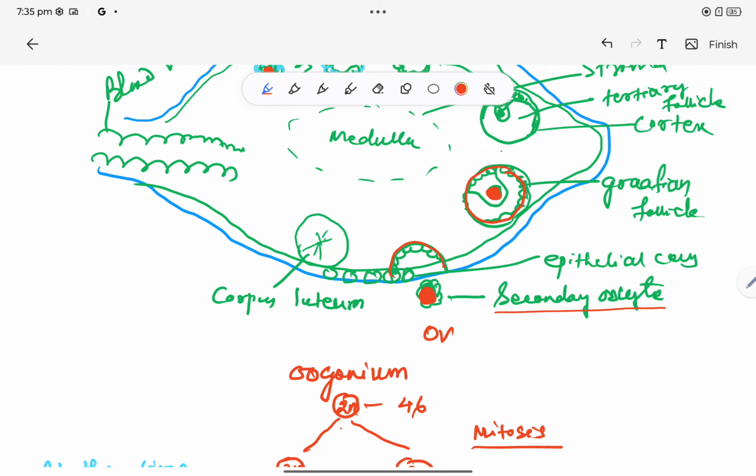So the release of egg from the ovary is called ovulation.